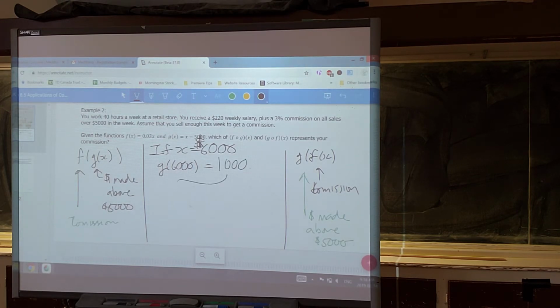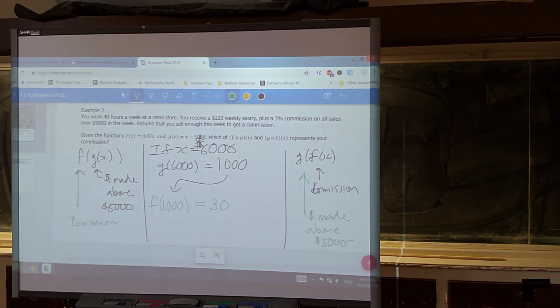And that is placed into your f. Just keep it consistent. F of 1,000: 3% of 1,000, $30. That makes sense. You get an extra $30. Not a big deal, but this is just an example. Of course, if this was your working condition, I would argue that you fight for your rights.